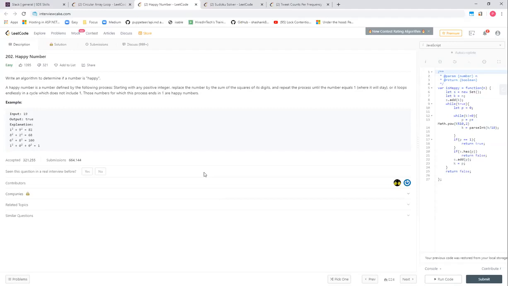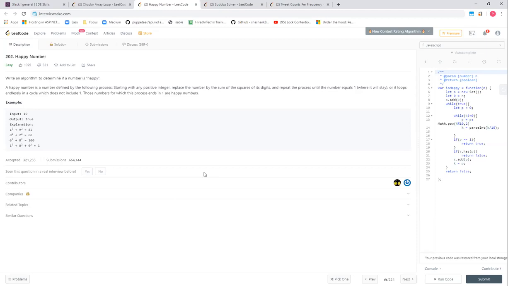That's why we need a set for that. I keep finding the square sums of the numbers I get until I reach 1, or I reach a number which was already in the set. Those would be the return conditions for me.